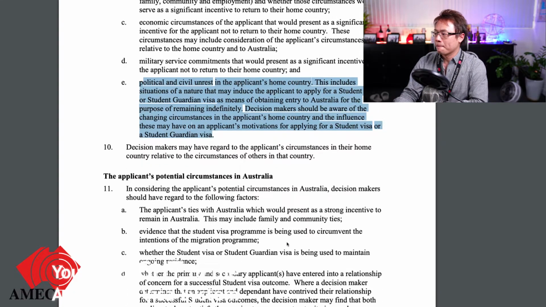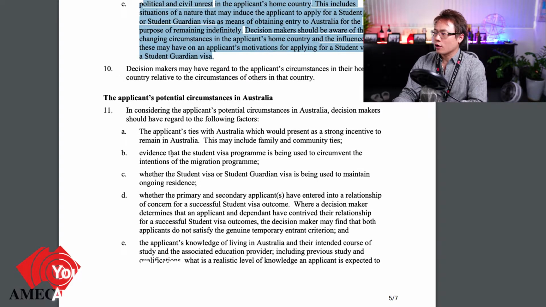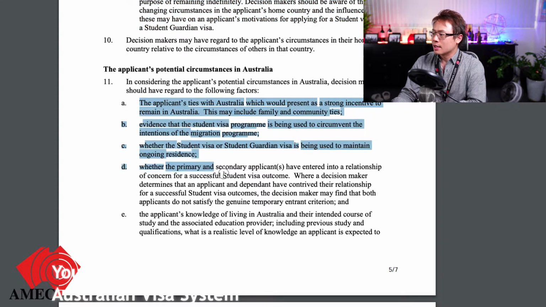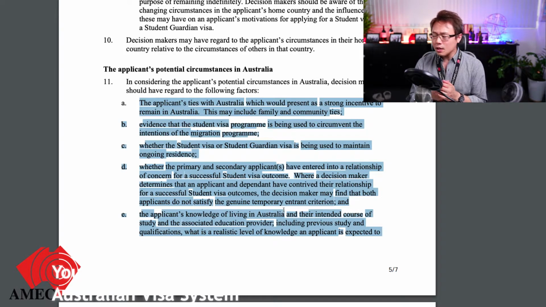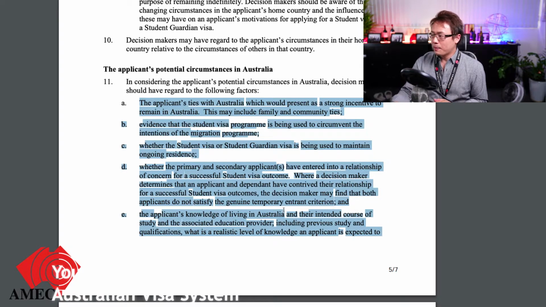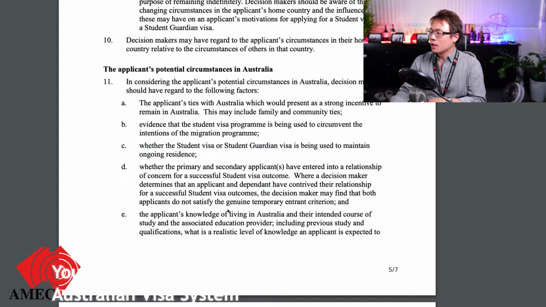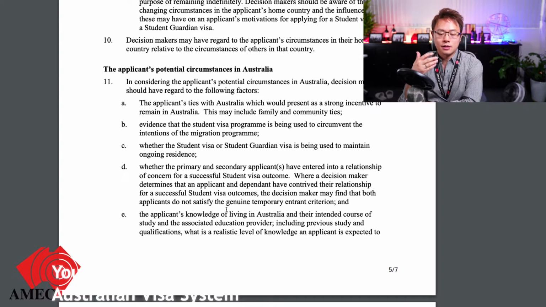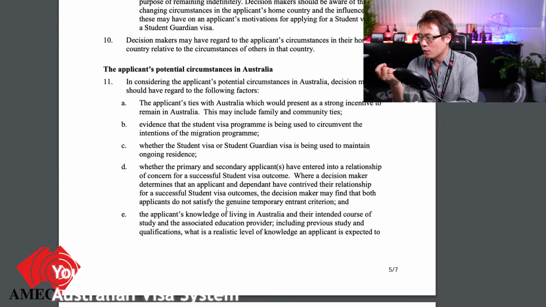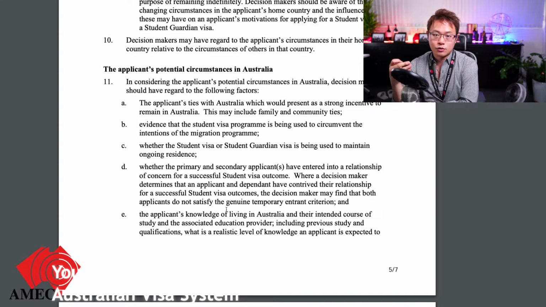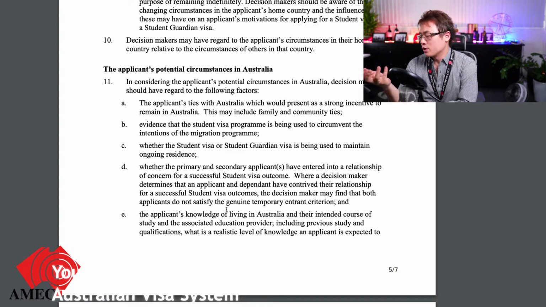Now, the potential circumstances is that they are looking at whether you have a family in Australia, and whether there's any possibility that you are utilizing the student visa to prolong your stay in Australia, or perhaps to actually migrate as a step into general skilled migration.